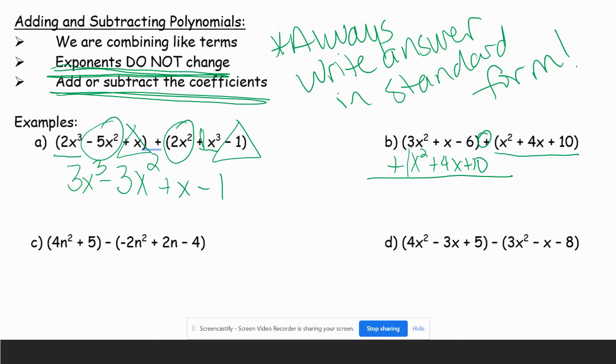There's a 1 here, so 3 plus 1 is 4x squared. There's a 1 here. 1 plus 4 is 5x. Negative 6 plus 10 is positive 4. If I take a look at this, we have squared first and then constant terms, so that is in standard form. And we have no other like terms to combine, so that's our answer.